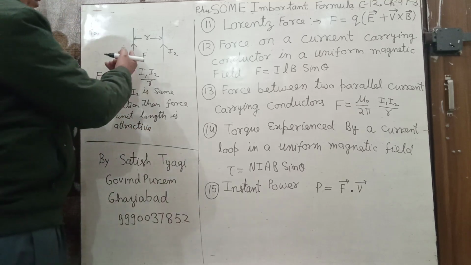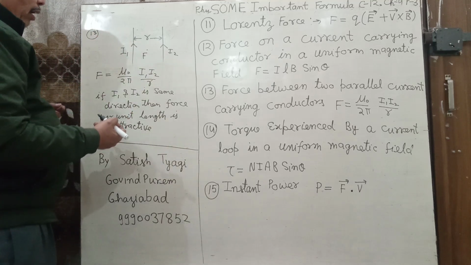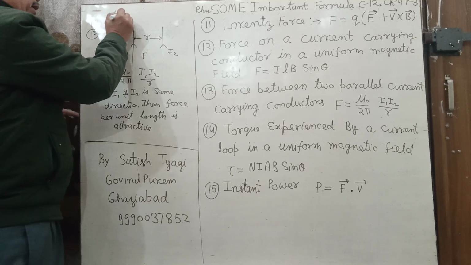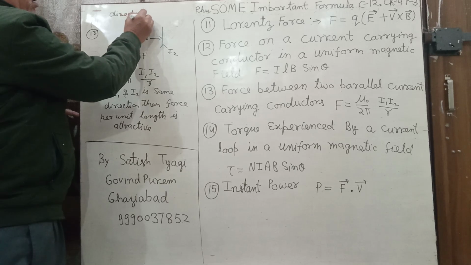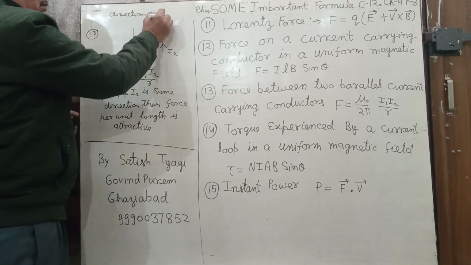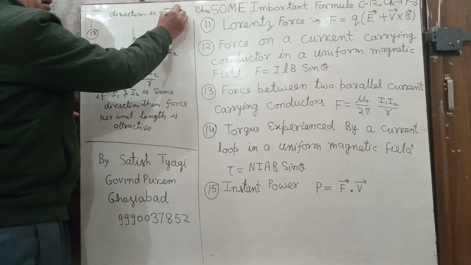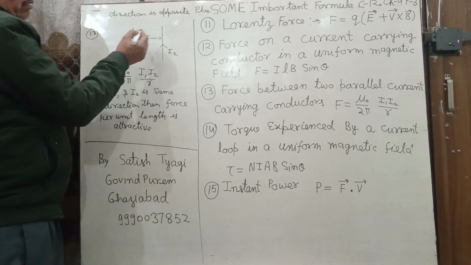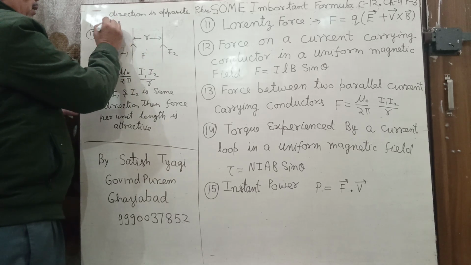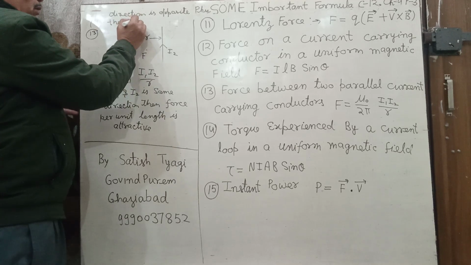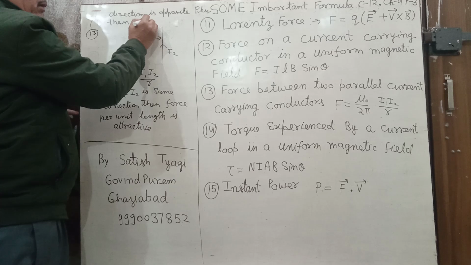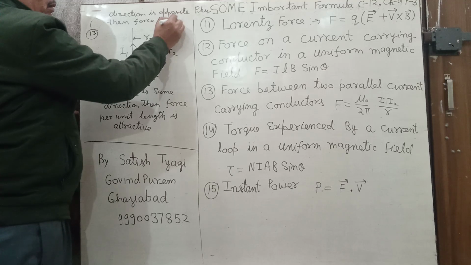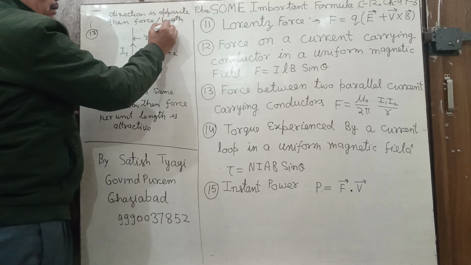And if the direction of the currents is opposite, then the force per unit length is repulsive.